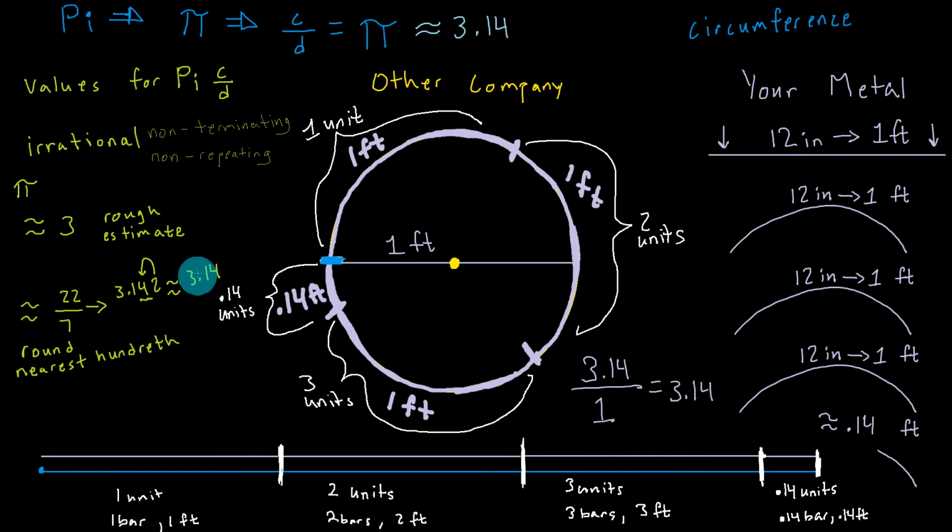Now 3.14 might be an estimate or an approximation for pi, but 3.14 is more accurate than 3 because the number has more digits in it. In fact, it has 1, 2, 3 significant figures or significant digits. Let's just write that down real quick. 3 significant digits.